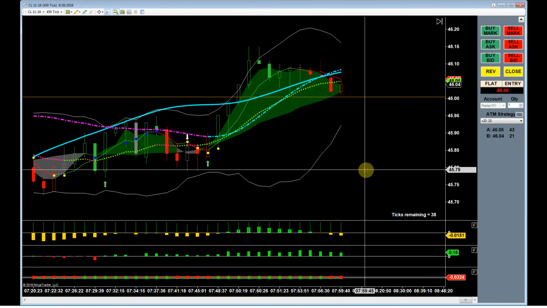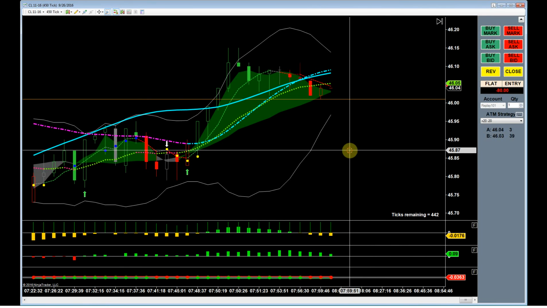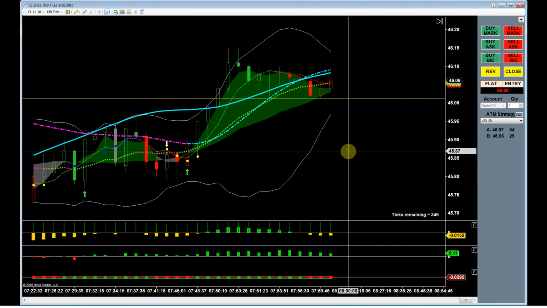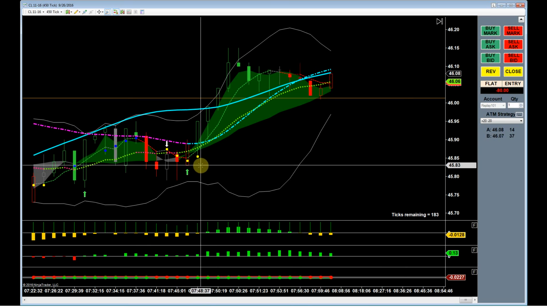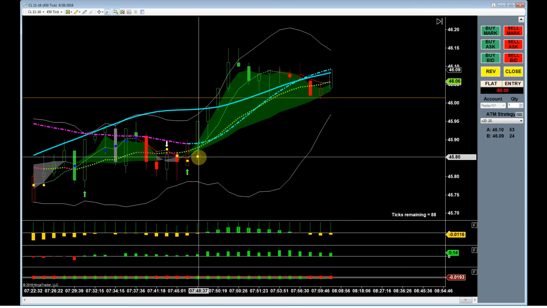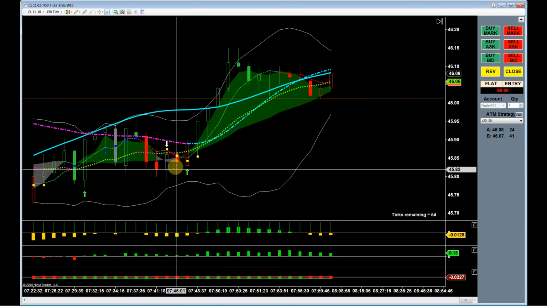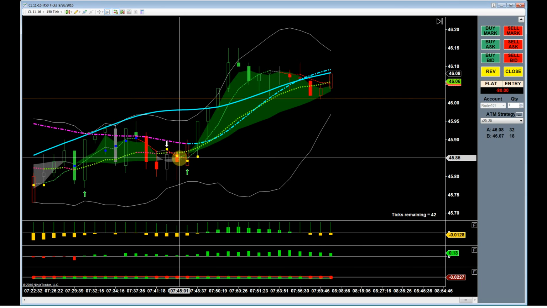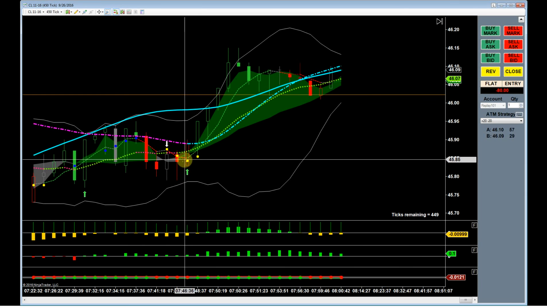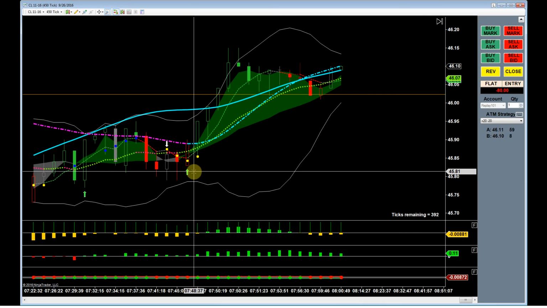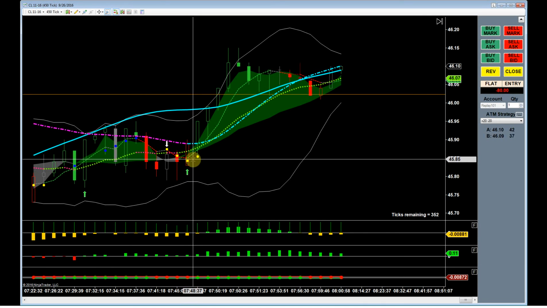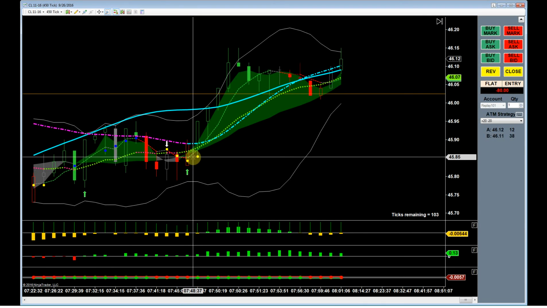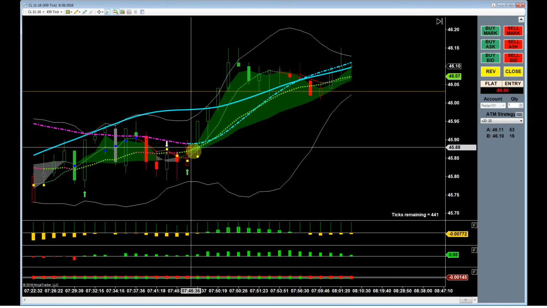So again, I'm just filming this live, so I honestly don't know why this printed yellow here. It's just because the thing flipped real quick and we got out with a small loss, 2 ticks. But you can see here that it flipped and then pulled back. Somehow the algorithm, because I'm running it at high speed, I'm guessing it confused the algorithm.